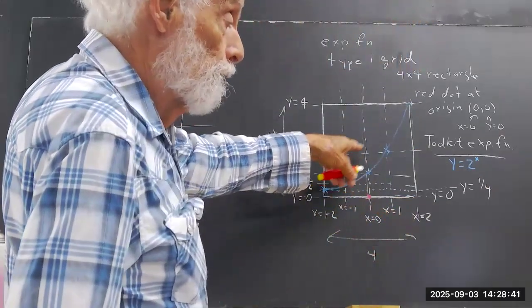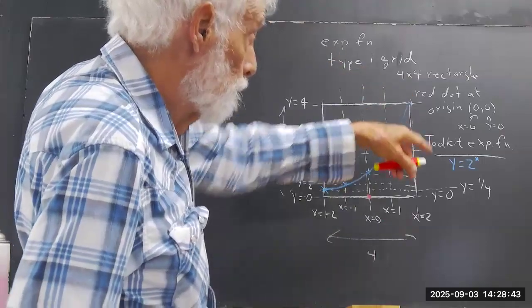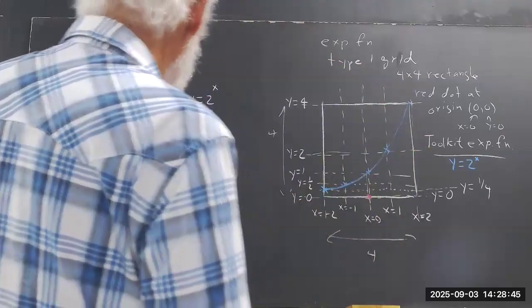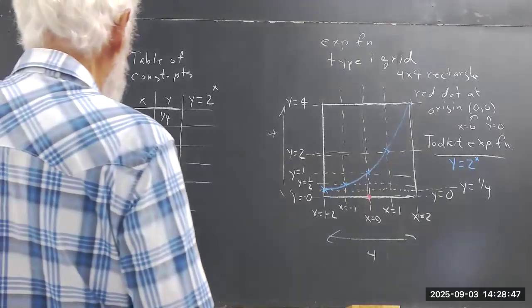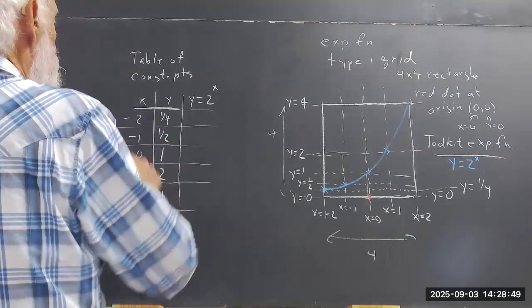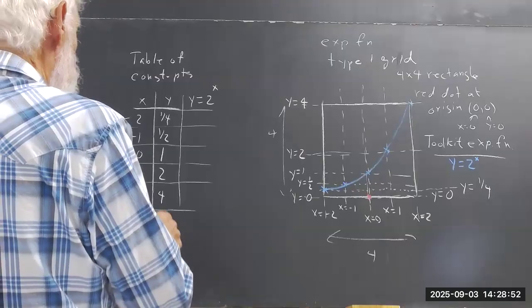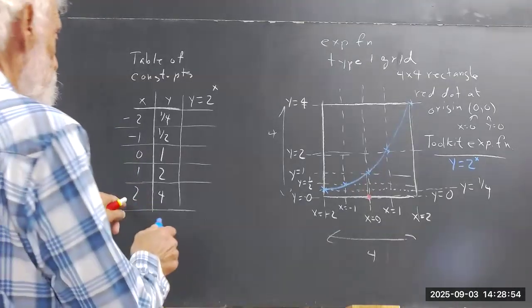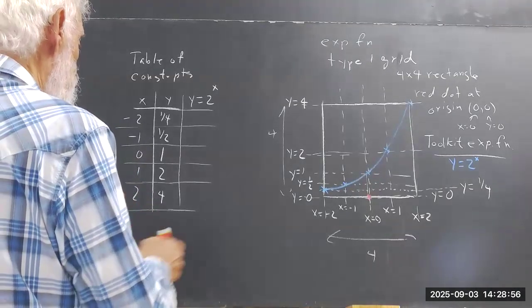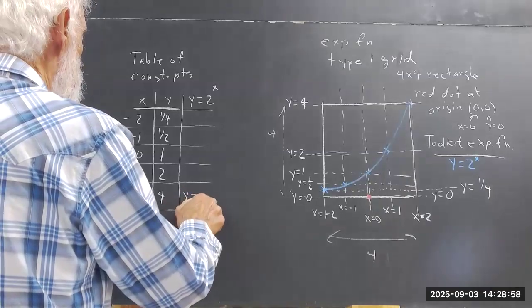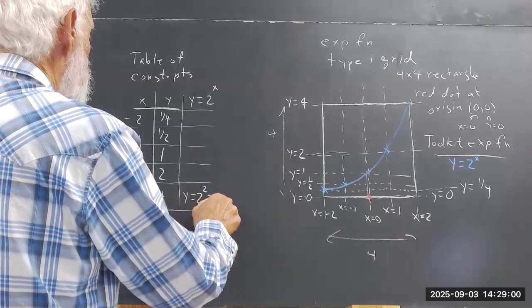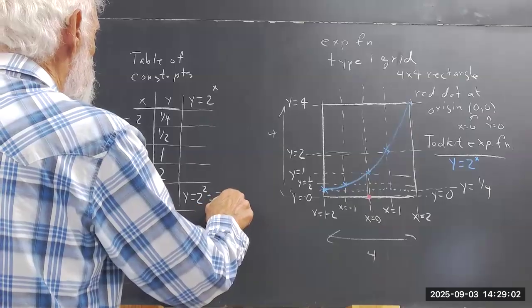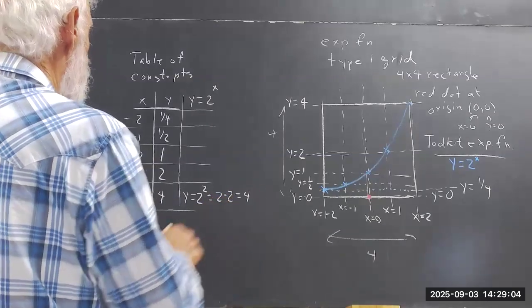Here's how we construct its graph: a 4x4 rectangle with the red dot at the origin. Then our y values, well, let's just start with x equals 2. We get y equals 2 to the second, which of course is 2 times 2, which is 4.